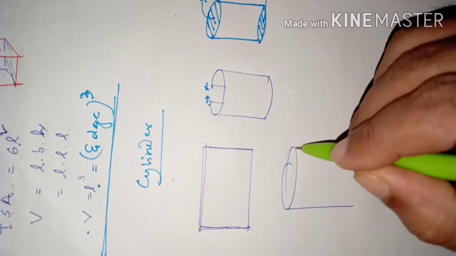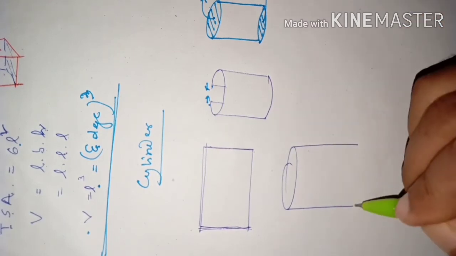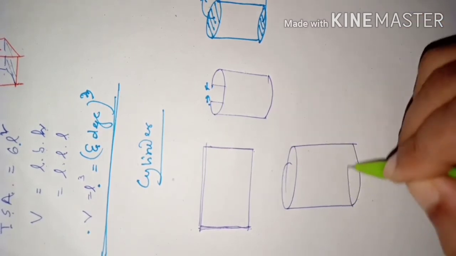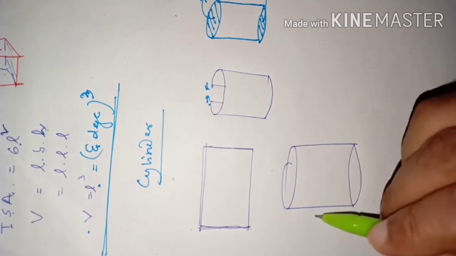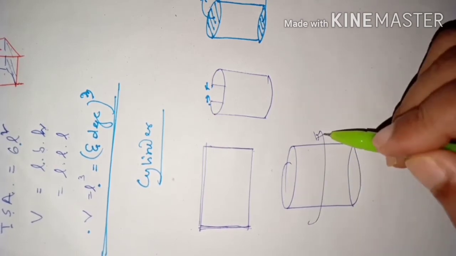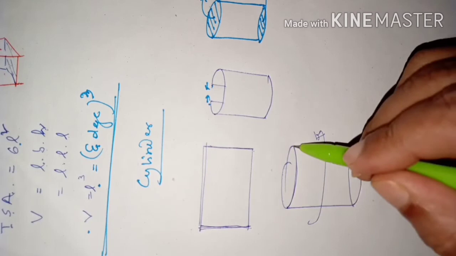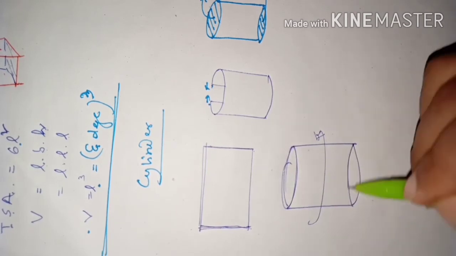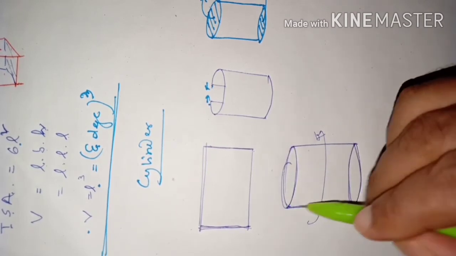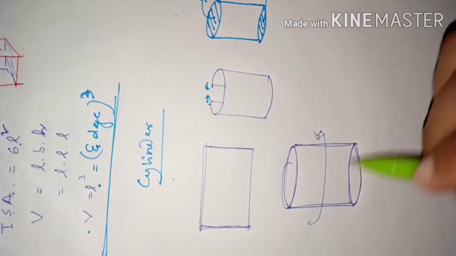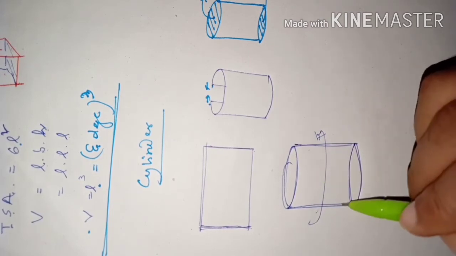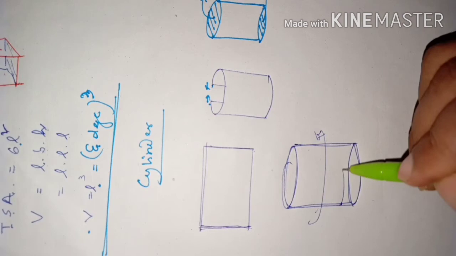A cylinder is a solid bounded by two equal circular bases and one curved surface, and throughout the whole curved surface the circumference will remain constant.